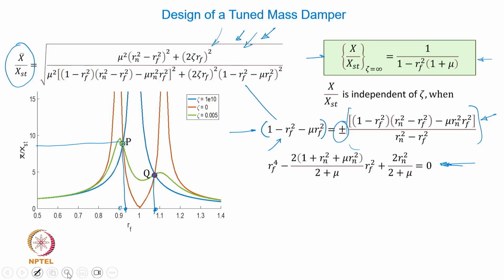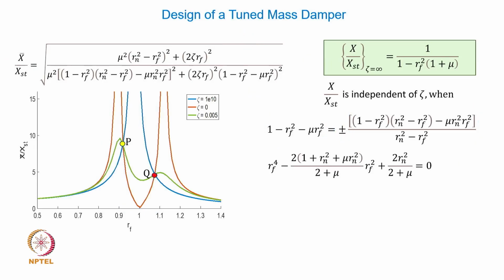So what we have done is that we found that if this is satisfied, the expression x over xst is independent of zeta, and that is basically referring to these 2 points where the amplitudes are independent of zeta, whether zeta is equal to 0 here or infinity or some 0.005 value here. All of them will pass through these points. So if this is satisfied, it is actually referring to the location of P and Q on the RF x-axis.